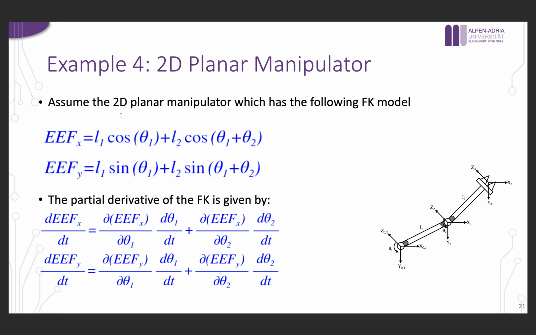Now this is the forward kinematic model, a very simplified one, where we have the end effector position along x and along y, equal to L1 multiplied by cosine theta 1 plus L2 multiplied by cosine of theta 1 plus theta 2, and this is for the x coordinate, and similarly for the y coordinate.